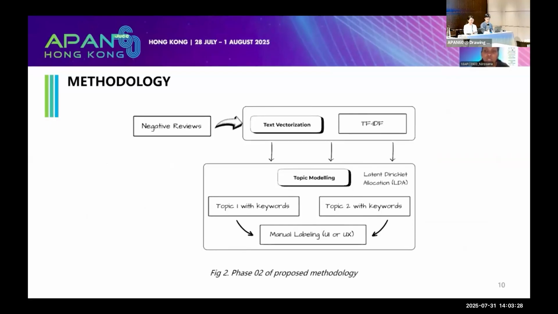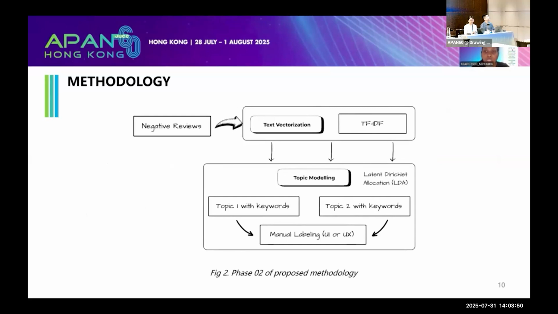In phase 2, I focus on the negative reviews. First, TF-IDF vectorization was used to highlight the important words, and then LDA topic modeling identified the dominant UI and UX themes. The final labeling was conducted through manual evaluation by a domain expert using predefined criteria.